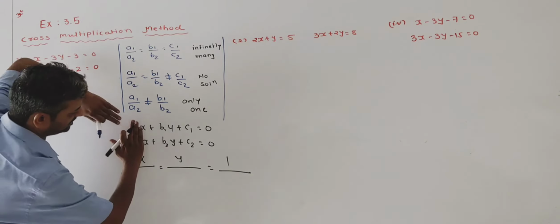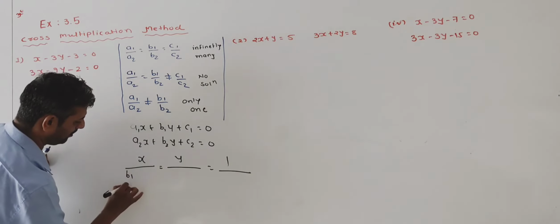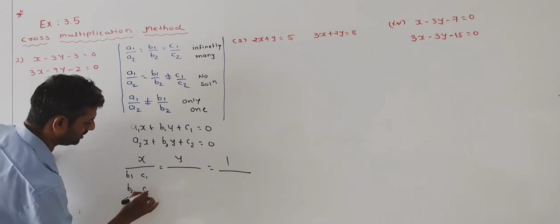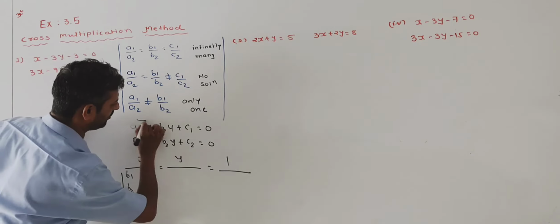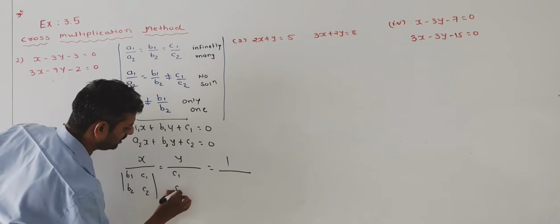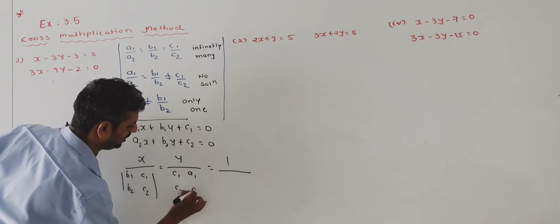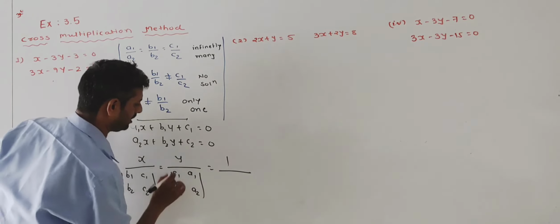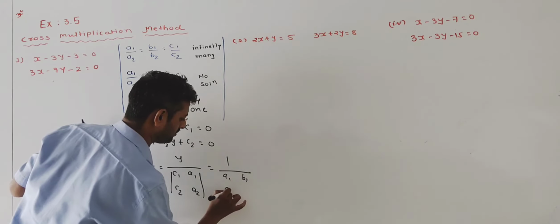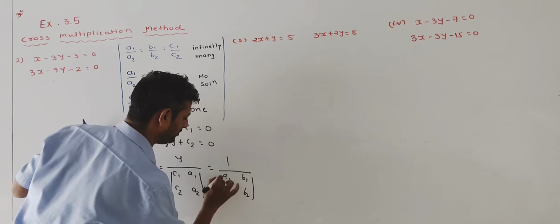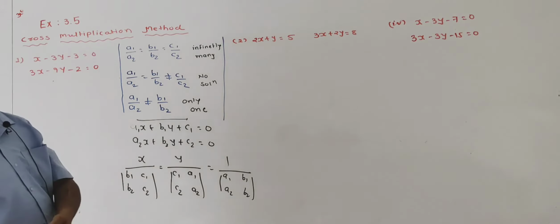For x, we take b1 b2 c1 c2. For y, we are going in this direction, so c1 c2 a1 a2. Now this a1 b1 a2 b2. In this way we have to find out.